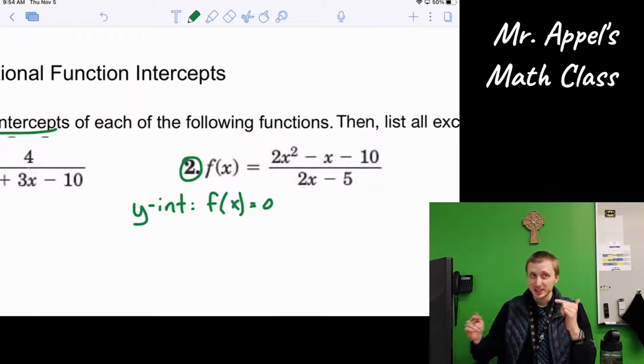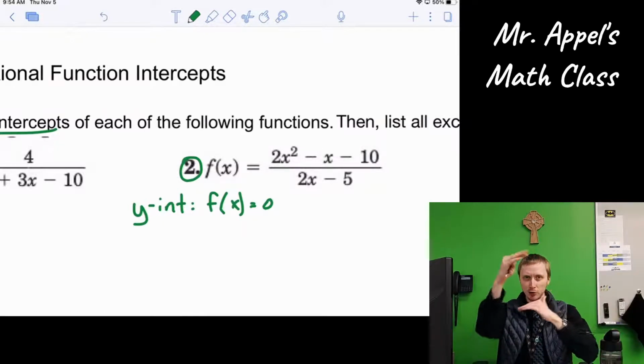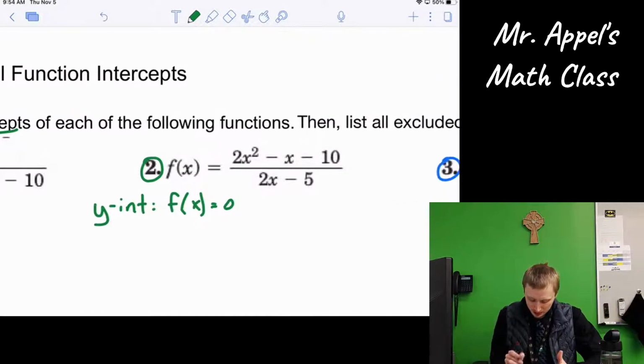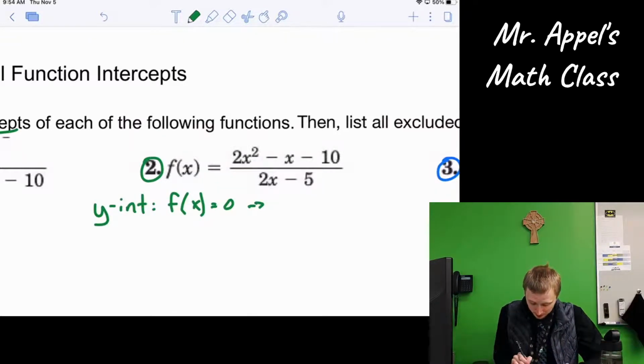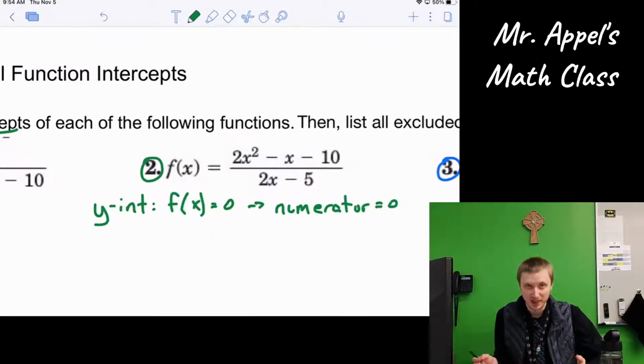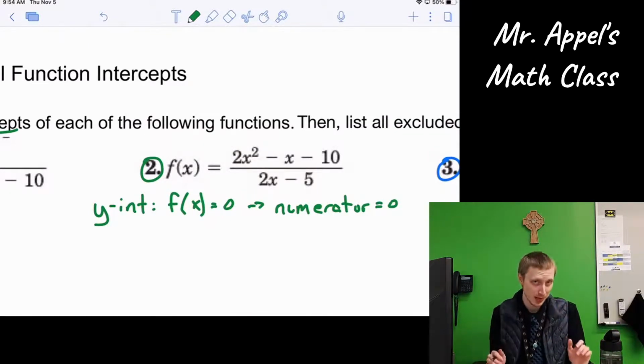Now, since we're dealing with a rational function here, it is two polynomials divided by one another. This effectively comes out of having only the numerator equal to 0, right? That's all we need. We don't need to worry about the denominator to find the y-intercept.